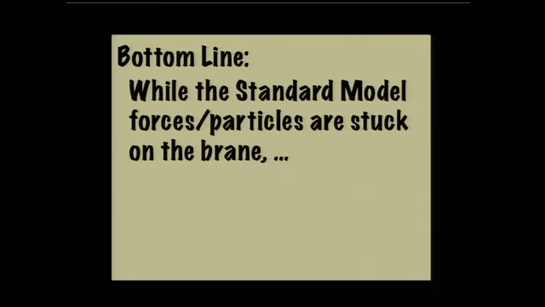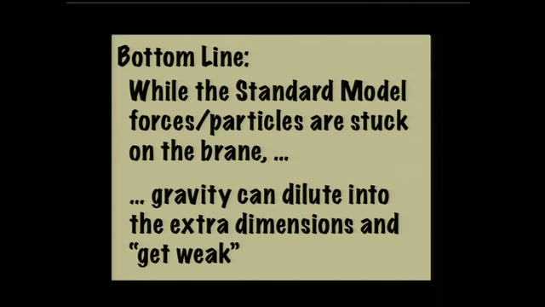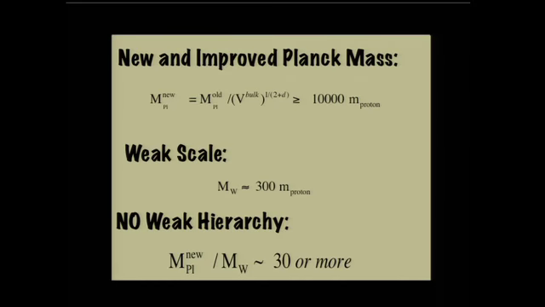And what that means is that while the standard model forces and particles are stuck on the brane, and electrostatics will fall off as 1 over r squared, gravity can dilute into the extra dimensions and get nice and weak. And so we can use this to reduce the value of the Planck mass.